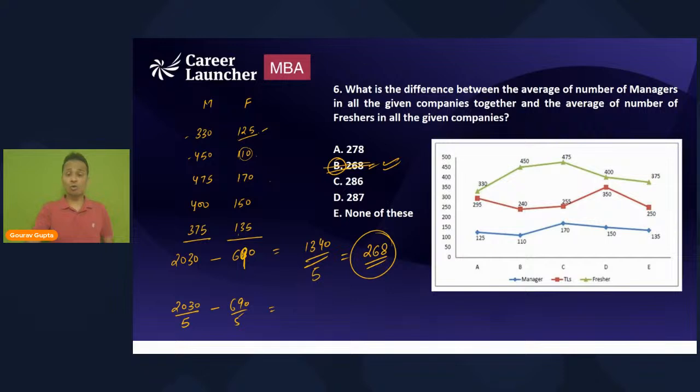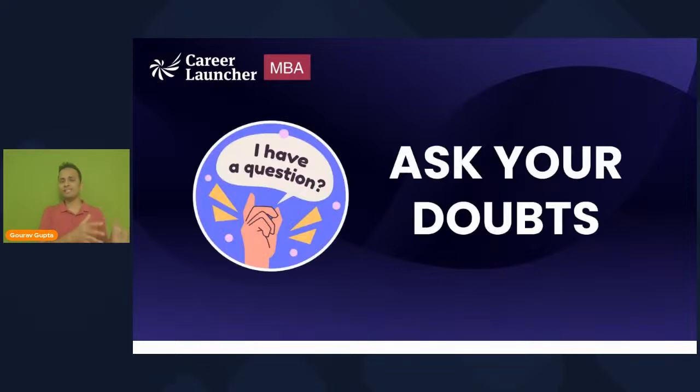So that was question number 6, the last question of this type. So friends, today we have discussed different types of data sets, the different ways in which the data can be given to us in the questions of data interpretation, especially for the non-CAT examinations like NMIMS, Symbiosis, Maharashtra CET, IPMAT, and so on.